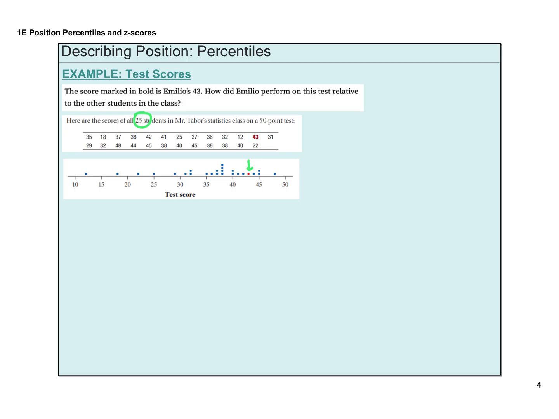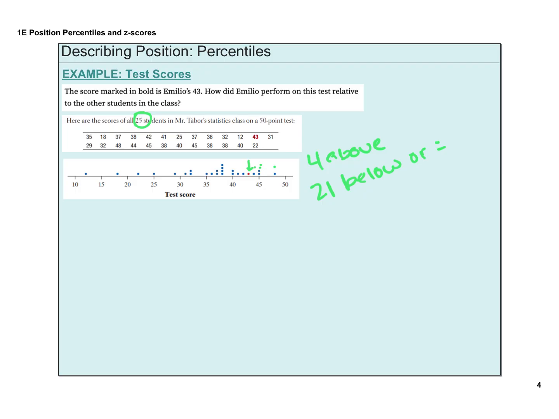Now you might notice that it would maybe even be easier to count what was above him. So if we know that there's 25 total and there's only 4 above him, because there's 2 here and that one at like 40, whatever that is, 44, and then the couple at 45 and the one at 47 or 48, whatever that is. So there's 4 above, which means there are 21 below or equal to.